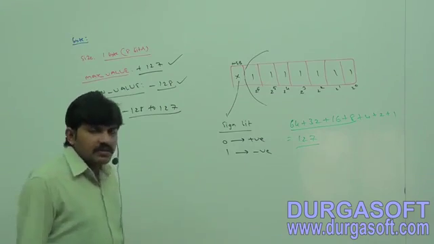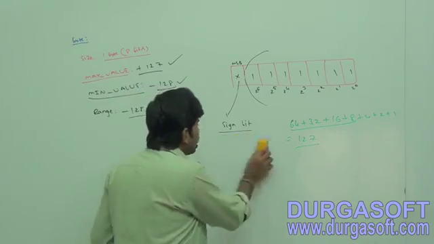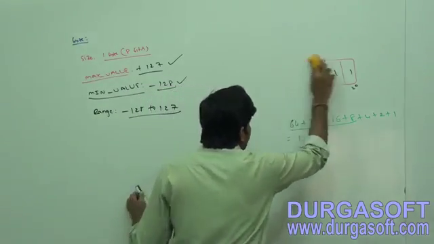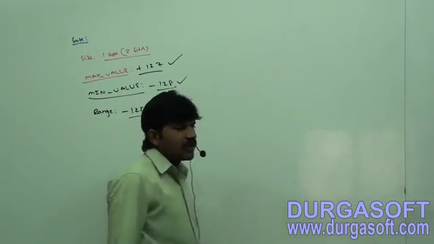Whereas negative numbers will be represented in two's complement form.